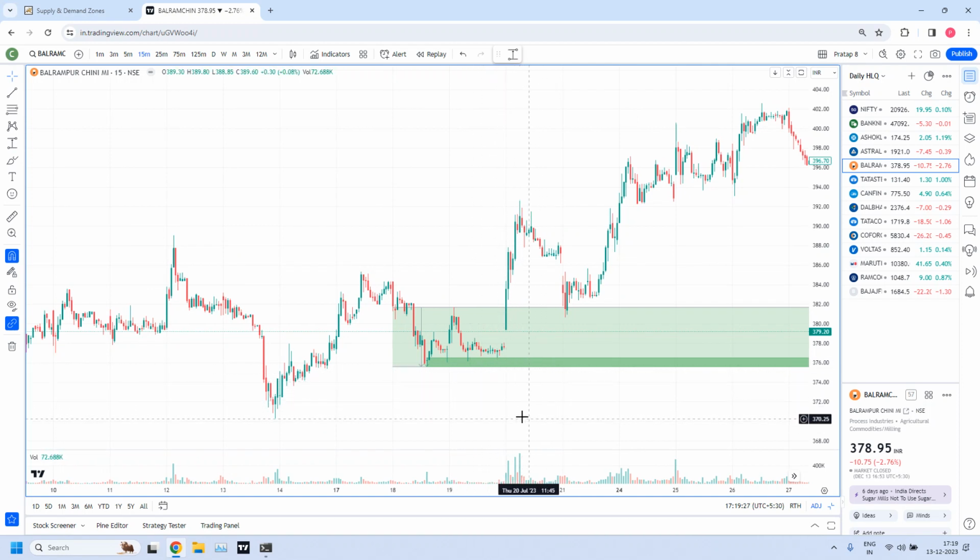What will the institutions be doing? They keep on buying below this zone. That way they get the liquidity. All these stop orders will be consumed by the institutions. And some people use an approach called the breakout approach.